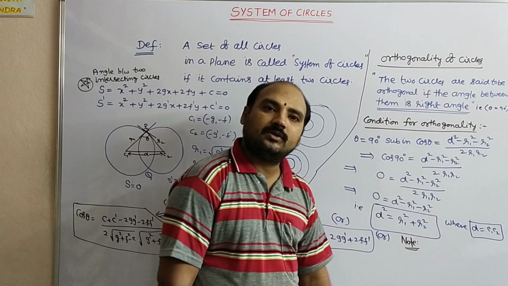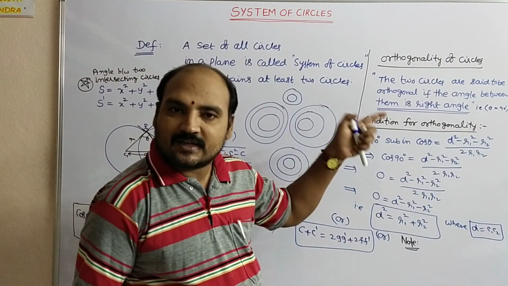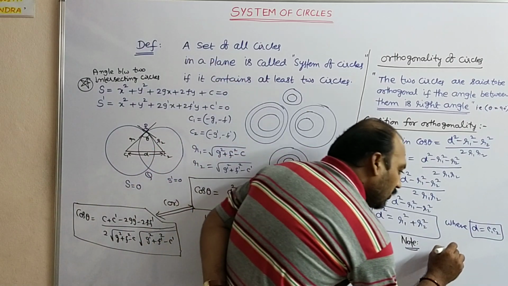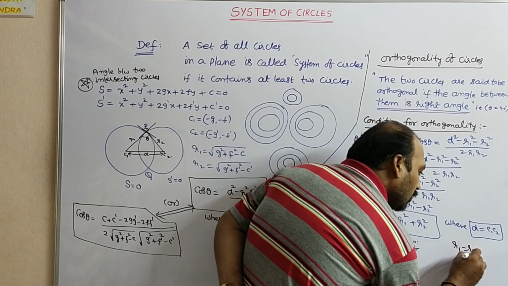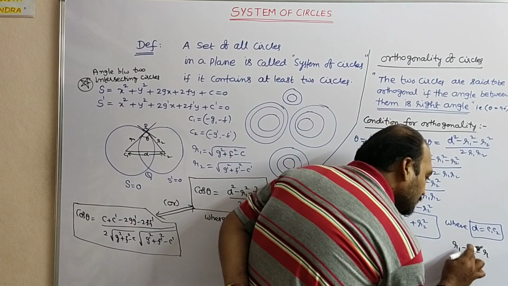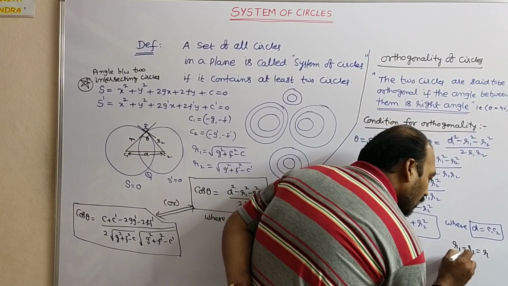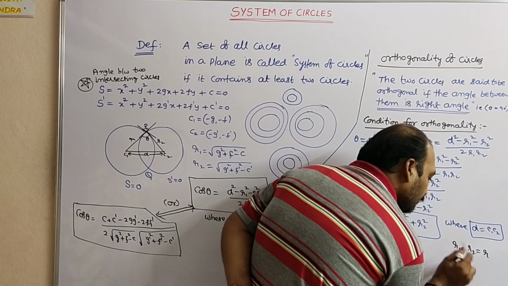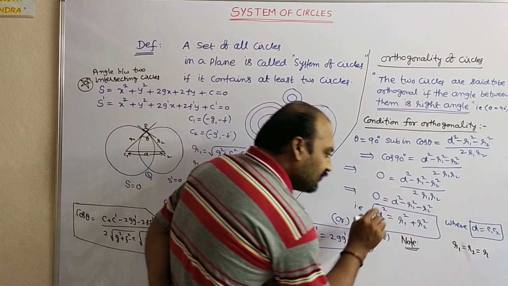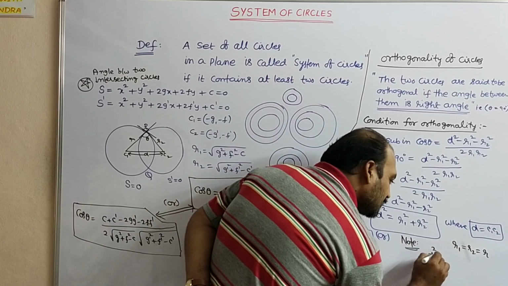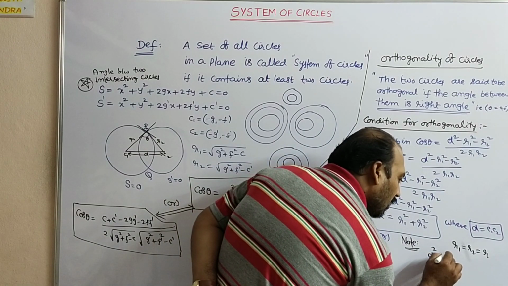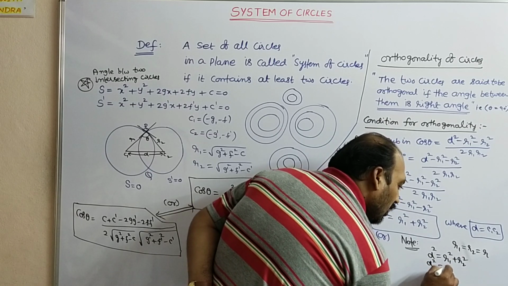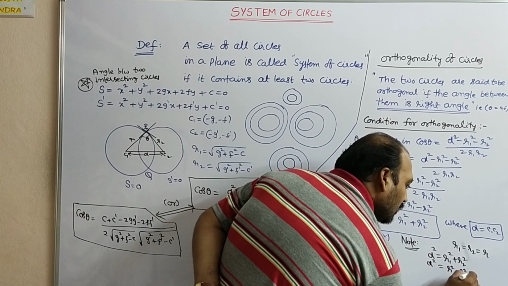In this note, when the two circles are orthogonal with the same radii, r1 equal to r2 equal to r, what happens? At that time d square becomes r1 square plus r2 square, so d square equals r square plus r square, that is 2r square.